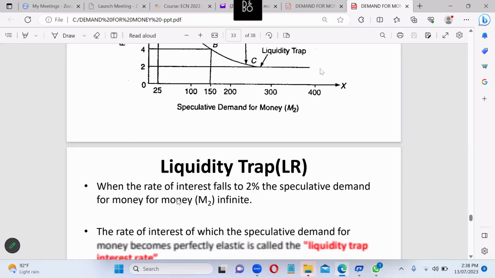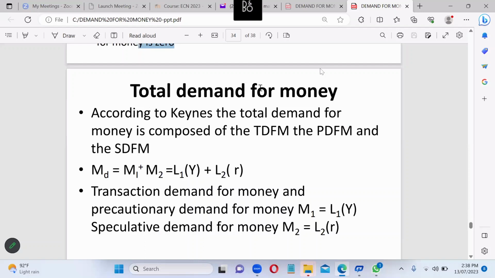Here, total demand for money, according to Keynes, is M1, the transaction demand for money, M2, the precautionary demand for money, and M3, the speculative demand for money. So once we merge or sum these three things, we get the total demand for money through the Keynesian development.